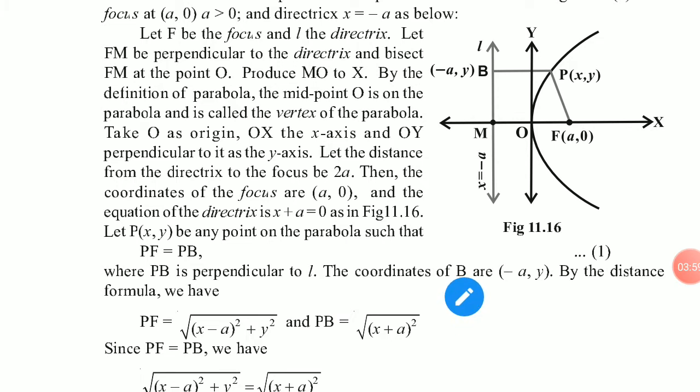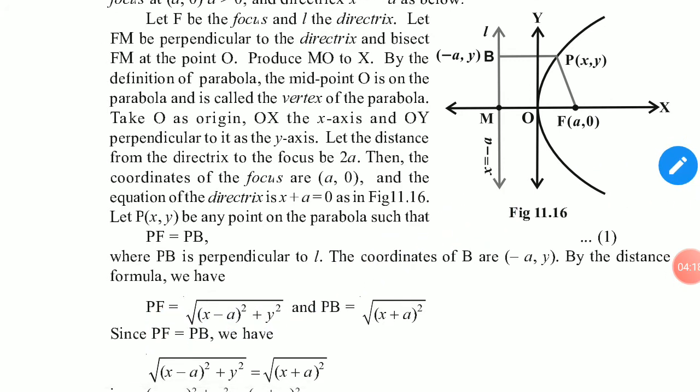The coordinates of B are (minus a, y). By the distance formula, we can calculate the distance between two points: you subtract both the points, square that, and add in a square root.